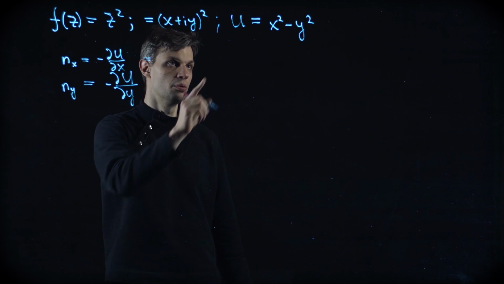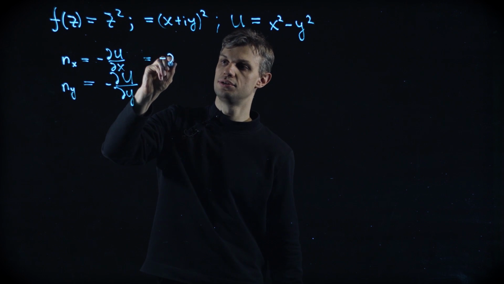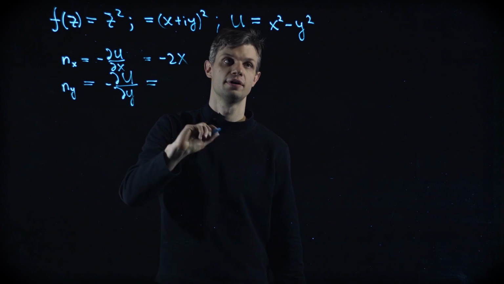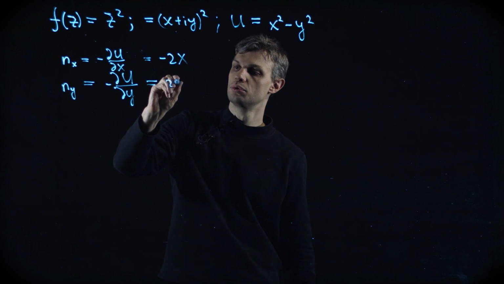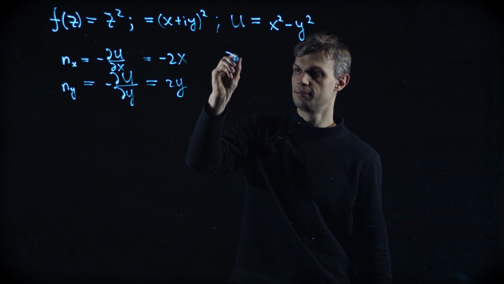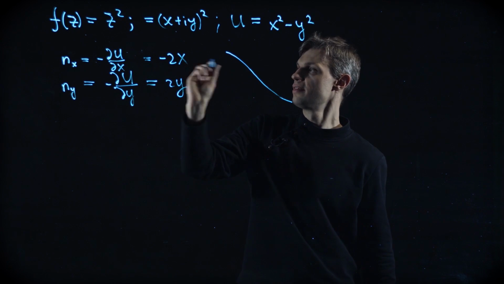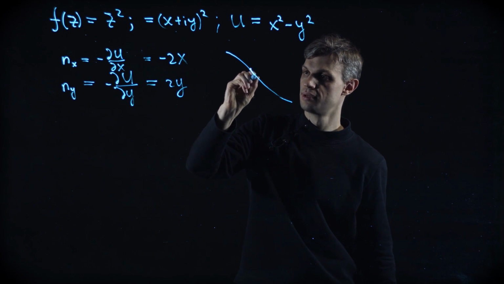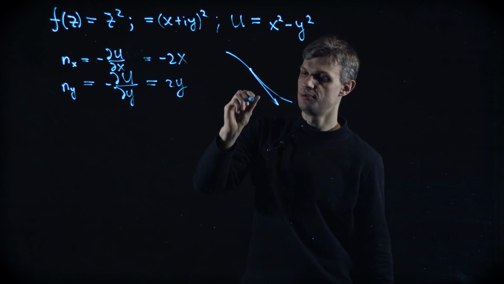Okay, so minus du over dx is minus 2x, and here we have 2y. All right, and so here we have some curve in the complex plane, and this vector gives us a direction.